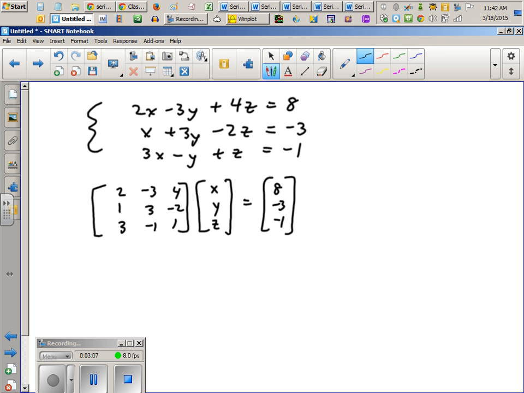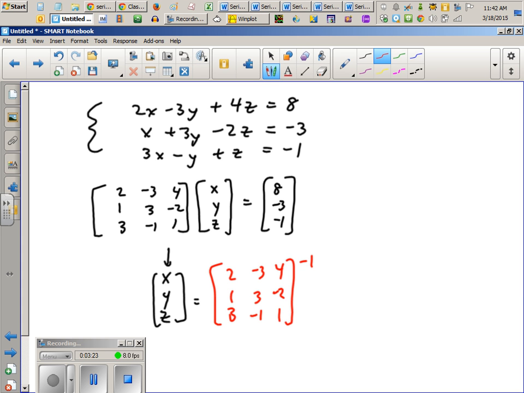Okay, now the idea is we should be able to get x, y, and z by itself if we can simply find the inverse matrix of our coefficient matrix. Then we'll just multiply it against the original 8, negative 3, negative 1 on the right. Okay, so here's the problem. When I first saw this, I just assumed you could just do reciprocals or something.